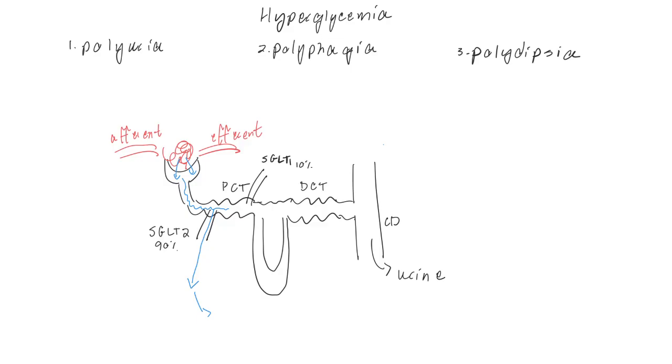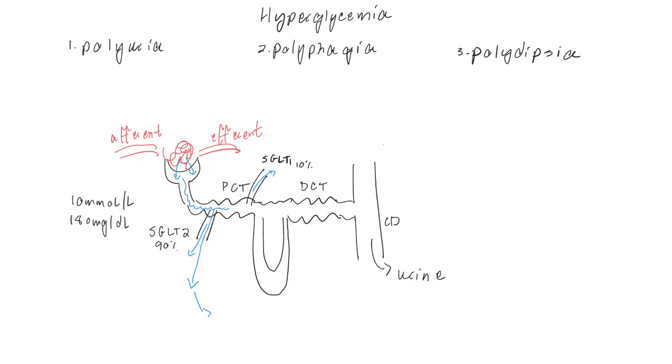Now, when these transporters reach a certain limit, and the limit is reached once your blood glucose is about 10 millimoles per liter, or about 180 milligrams per deciliter, somewhere around there, they are totally saturated. You can't reabsorb any more glucose through these transporters, either one of them, when your blood sugar gets about that high.